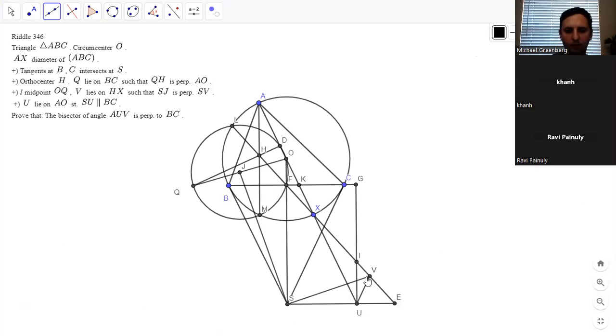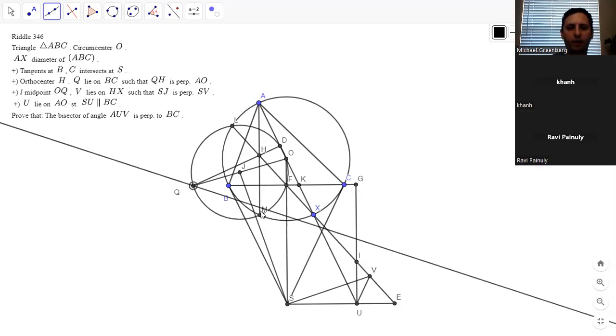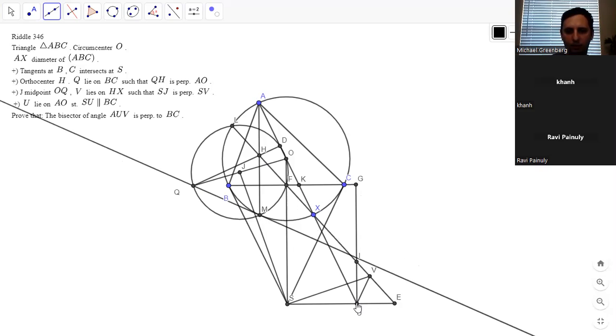We have QH perpendicular to UX, QC perpendicular to UI, and the line through Q and N perpendicular to BC is perpendicular to US. So if we can prove that QM is perpendicular to UV, then we can use harmonics. I like that.